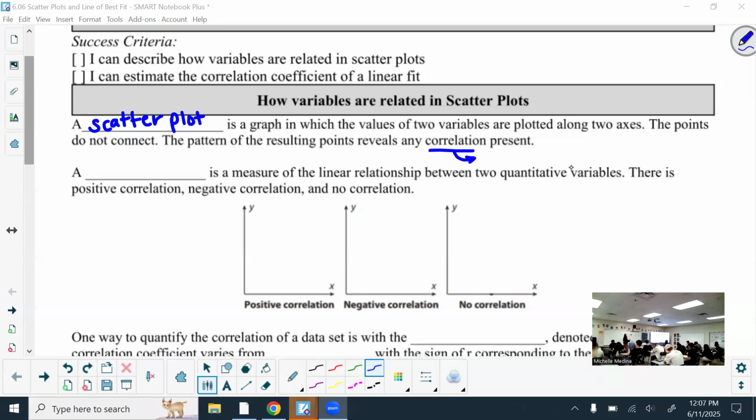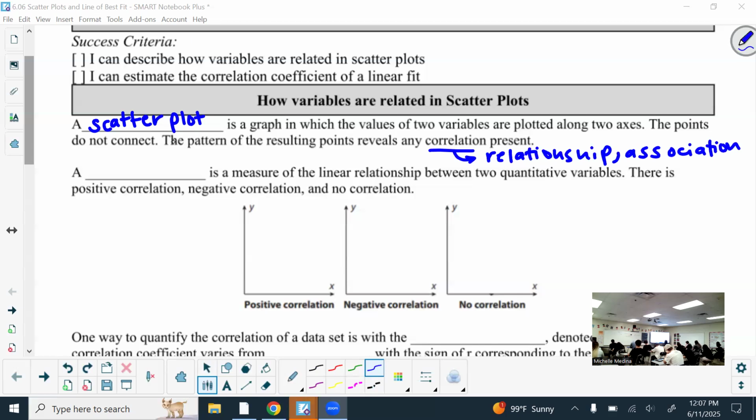They have nothing in common. They don't have a relationship if there's no correlation. So relationship, association is all correlation, just another word for it. If I said there is a correlation, then those values do have a relationship, or at least on a scatter plot, it looks like they do.